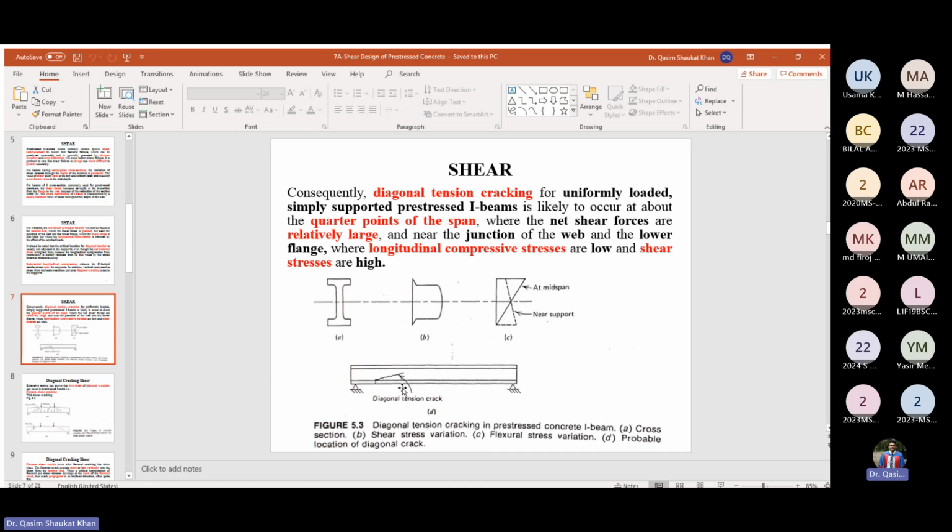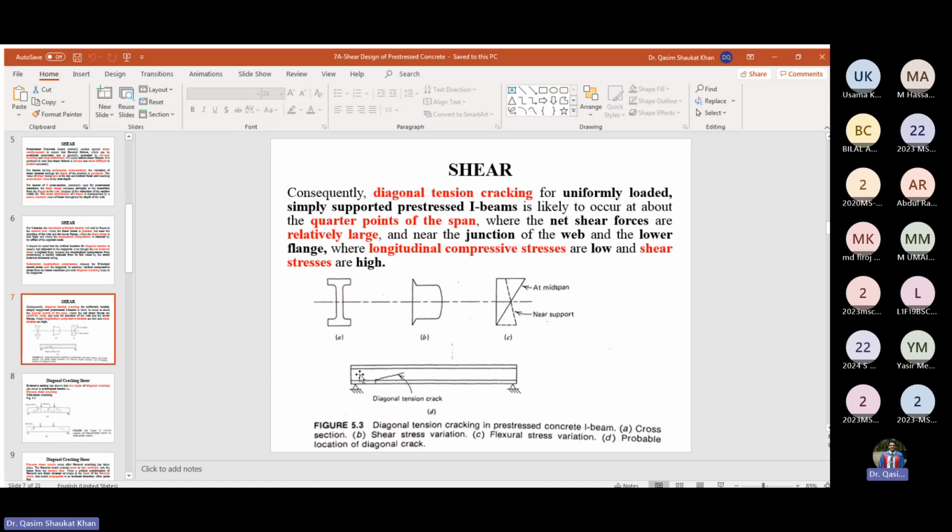So we know that you have mainly three types of cracks. One is the flexural cracks, which originate from the tension side when the tensile stresses exceed the modulus of rupture, and they are almost vertical. The second type are the cracks due to shear, which are inclined at an angle of 45 degrees.